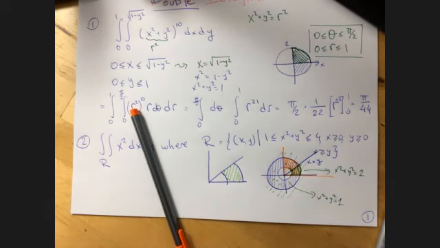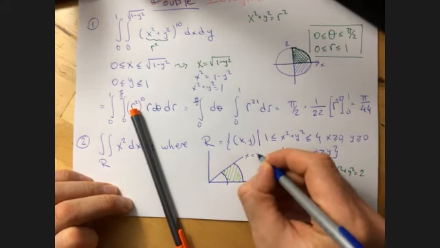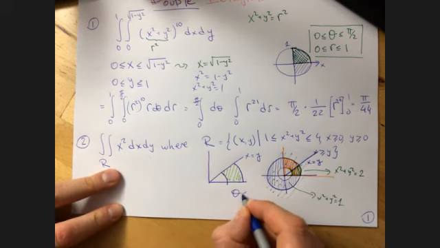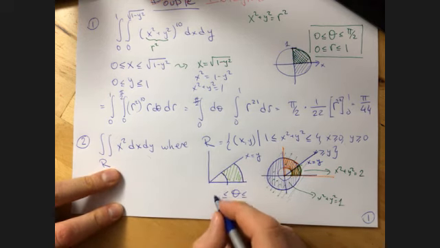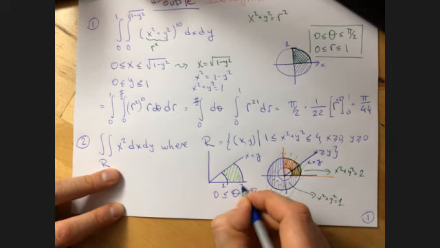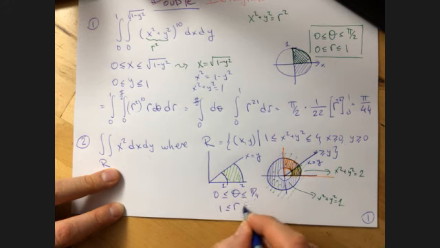Okay. Well, this is the line x is equal to y, which implies right away that theta runs between 0 and pi over 4, and r is evidently going from 1 to 2.